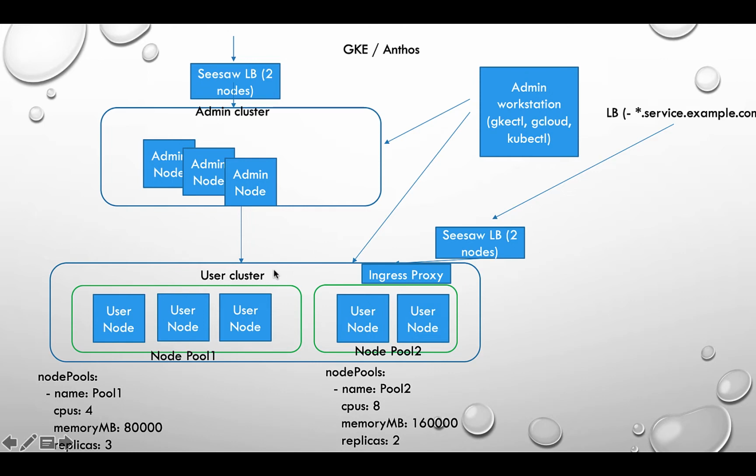So you can specify 3, and those 3 replicas will form the cluster on their own. And if one of the nodes goes down, it's the responsibility of the configuration to bring up another node. So you don't have to really worry about it once it's set up.